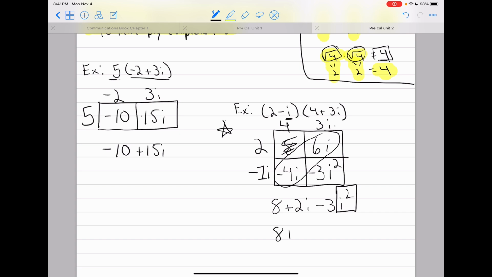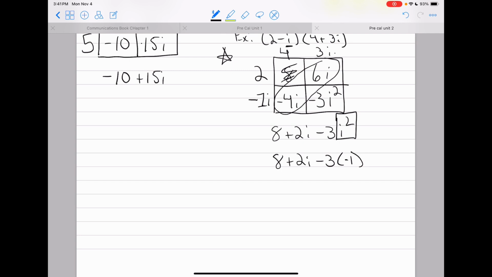So I have 8 plus 2i minus 3 times i squared, which is just negative 1. So I'm going to finish my simplification. I have 8 plus 2i, negative 3 times negative 1 is positive 3. Then 8 plus 3 is 11 plus 2i. There is my final answer.